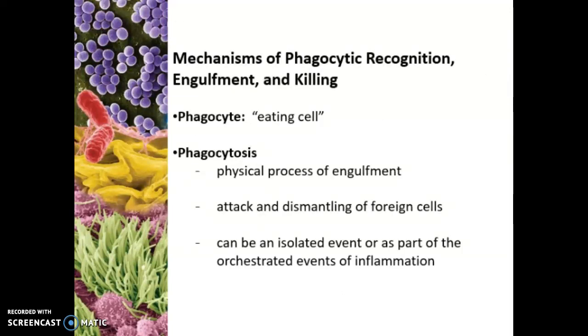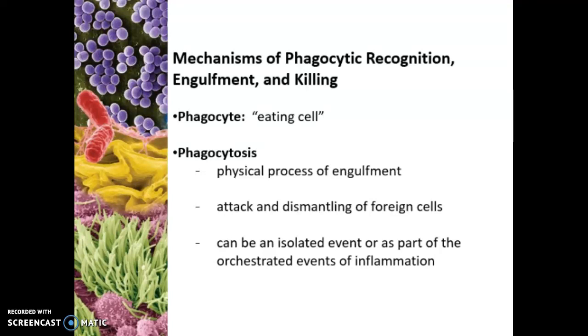Alright, so what is the mechanism of phagocytosis? They're going to recognize the foreign material, and the phagocyte is an eating cell, so they're going to physically engulf material, and in that way they can attack and dismantle foreign cells. This can be an isolated event, such as a dendritic cell randomly finding a bacteria cell that has gotten down underneath the skin and clearing it, and it's all done.